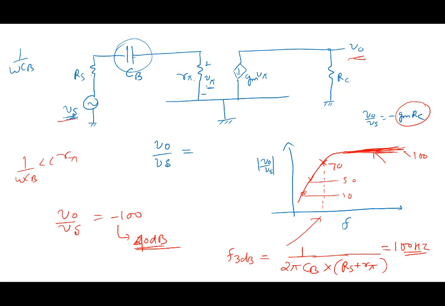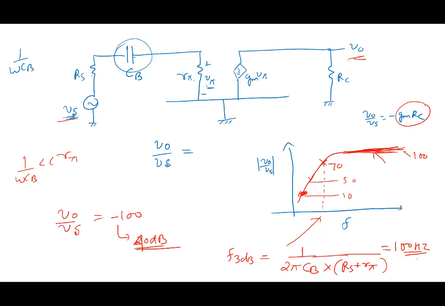So still there is a gain, but why don't I want to operate my amplifier here? Fine, you're right, the gain is small. Gain is not 100. But can I operate here? Would I like to operate here? What will be the issue? Somebody gives you an amplifier whose 3 dB cutoff frequency is 100 Hertz.